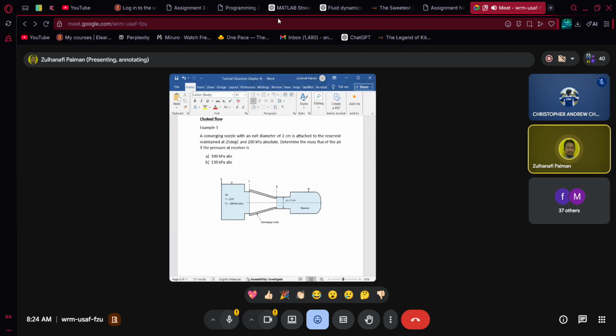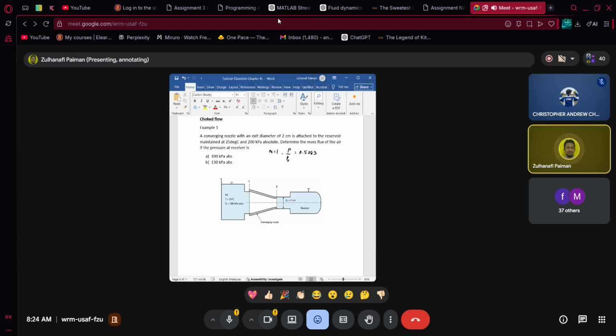When the flow is choked, Mach number is equal to 1 at the exit area, and the pressure ratio will be equal to 0.5283.